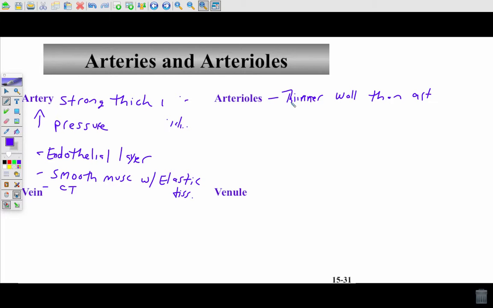The job of arterioles is really just to control the blood flow into the capillaries. So there's still some smooth muscle, just less than the artery. And then a smaller amount of connective tissue. And arterioles do have that endothelial lining.